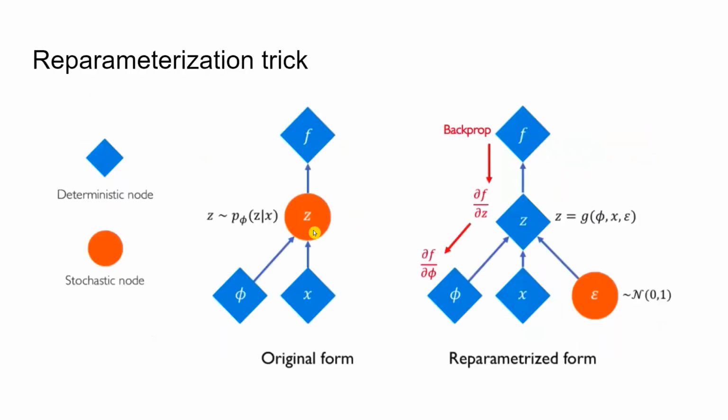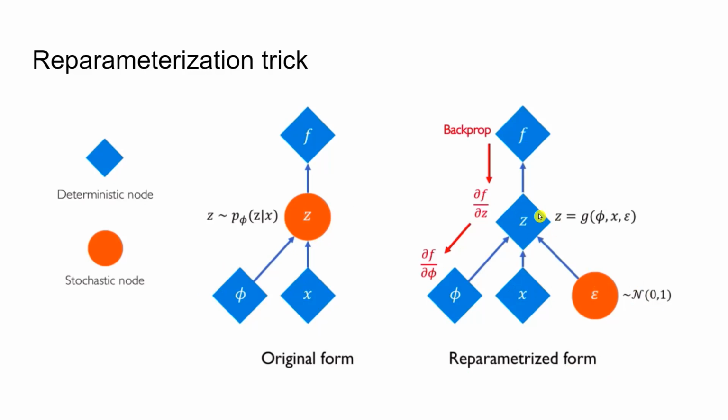So this is the original one, and we have a problem because this is a stochastic node, and you cannot perform a partial derivative or backpropagation on a stochastic node. So what you do is you reparameterize it. Instead of z being a function of two variables, a mean and a standard deviation, z becomes a function of three variables: a mean, a standard deviation, and another variable we call epsilon.